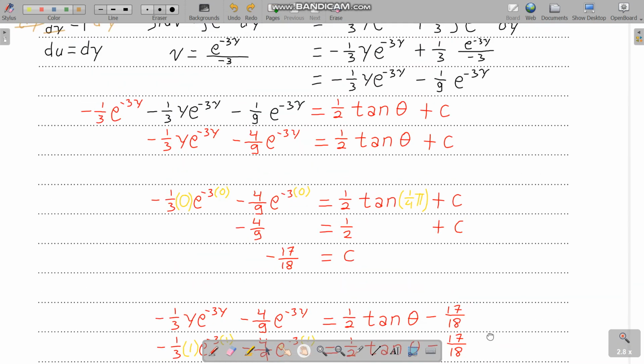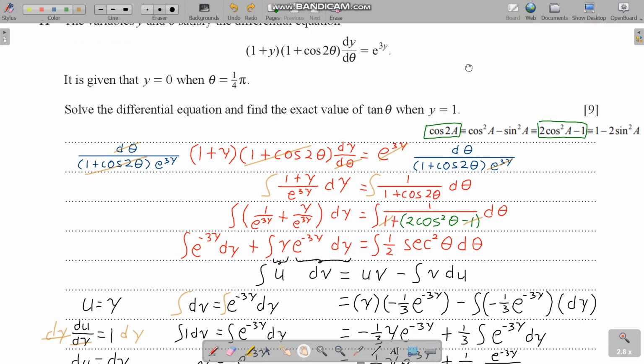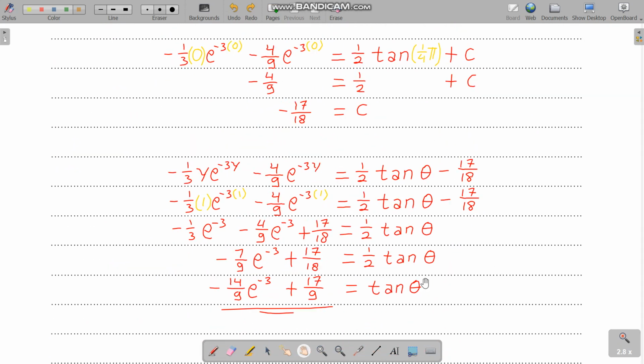Now the question is to find the value of tangent theta. Find tangent when y is 1. So now we replace the y with 1. So this y is 1, this y is 1, this y is 1. Find tangent theta.